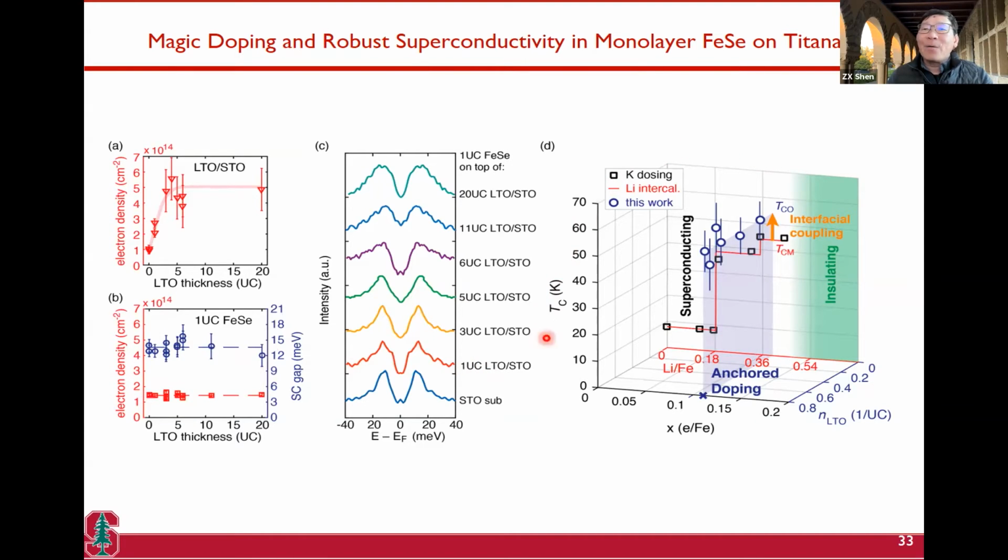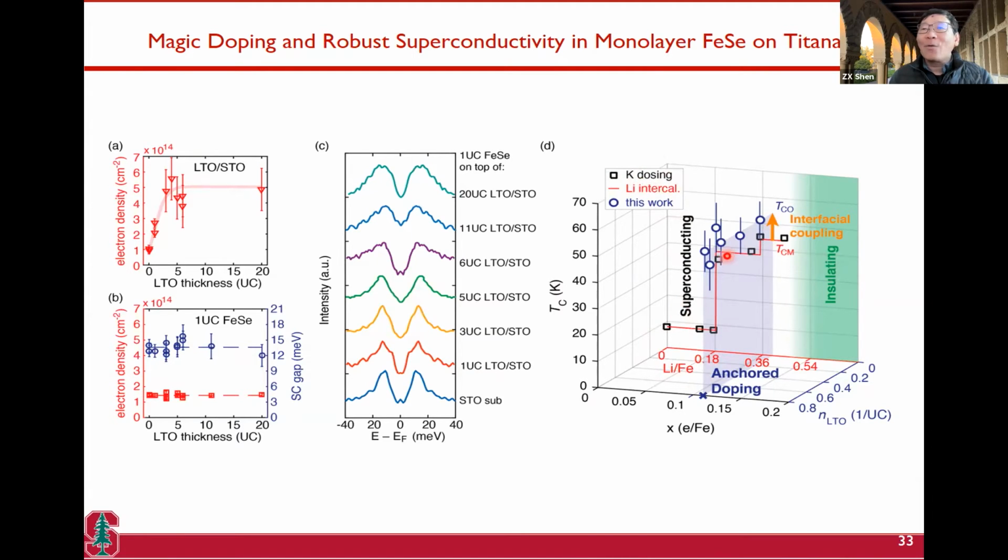Here we compare our work with some of the earlier work on potassium and lithium intercalation. You can see that in the case of those intercalation works, they find the superconducting transition temperatures are actually discrete, either at this Tc or this Tc, and they have both potassium and lithium in this case.